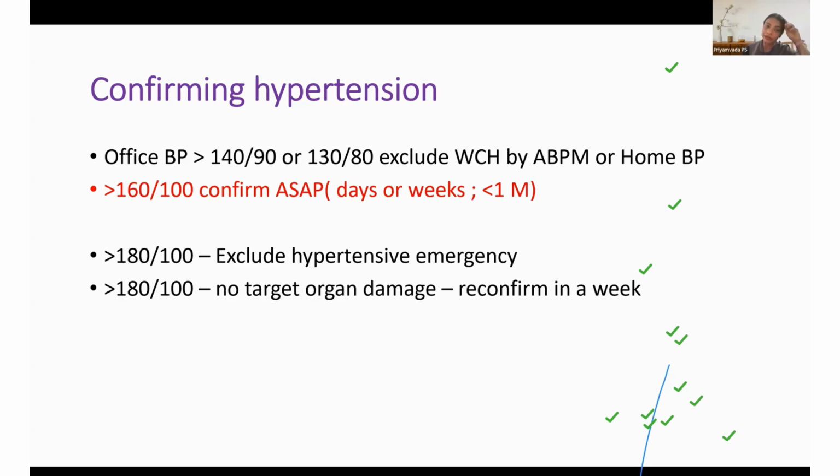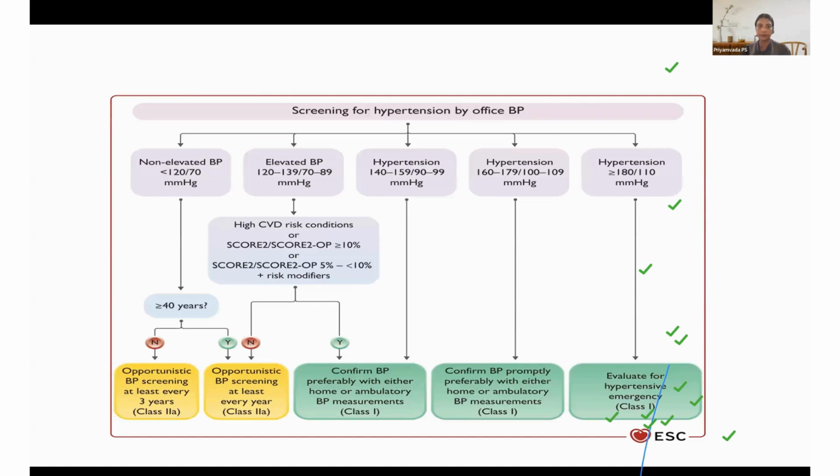Now, if the patient comes with a blood pressure of more than 180/100, there's no target organ damage, and there is no previous history of hypertension, such patients probably have no emergency indication to start pharmacotherapy. They can be sent home, but with an instruction to come back quickly within a week or so. Meanwhile, if we have the facility, we can do the home BP measurements. But this type of patient, with a blood pressure of more than 180 over 100 without any target organ damage, we cannot leave them like that. They have to come back as early as possible.